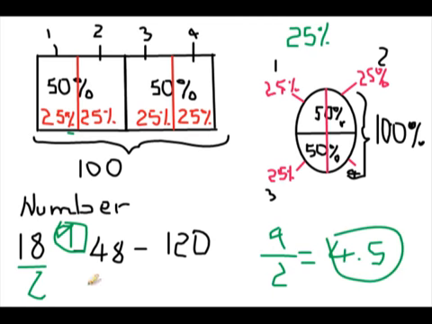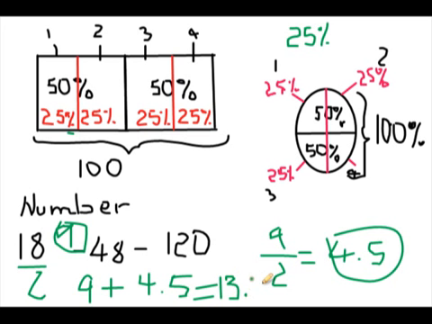Then 75% is going to be 9 plus 4.5, which gives me 13.5.